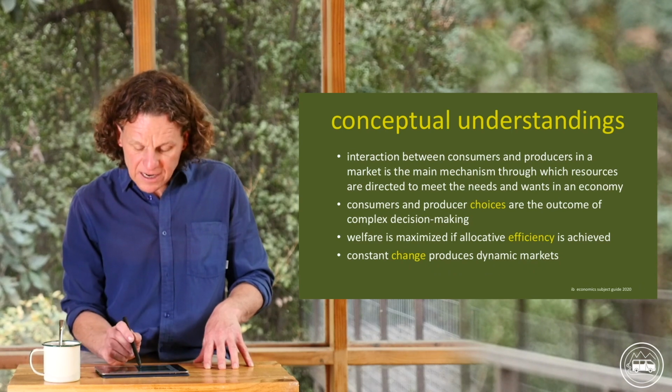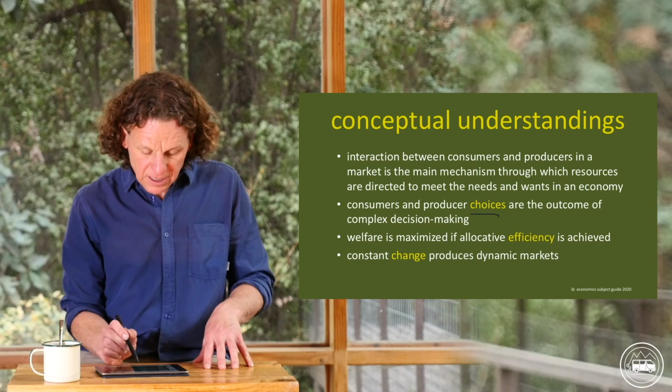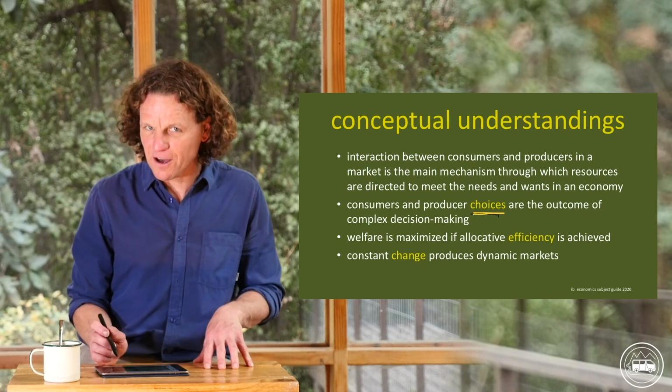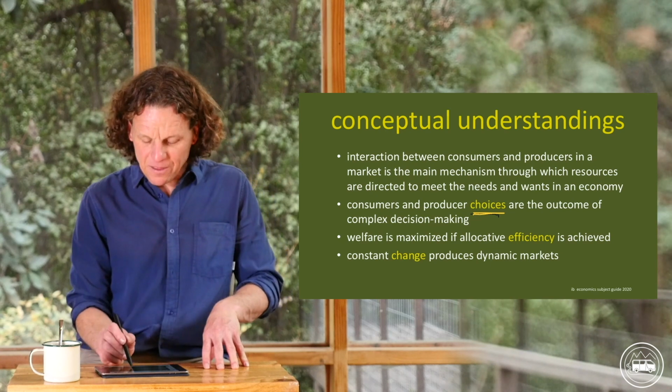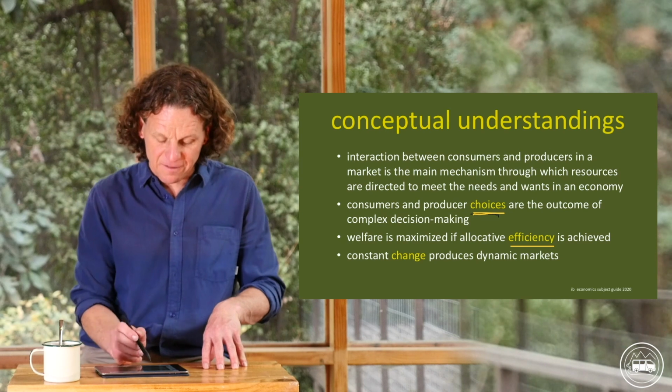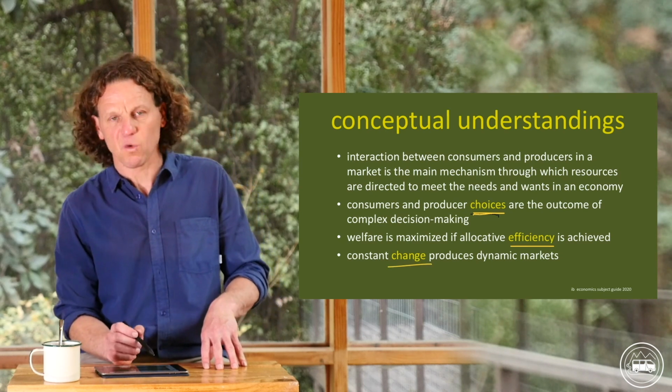So you see that there is choice, one of the 9 central themes of our studies of economics. There is efficiency, one of the 9 central themes of our studies of economics, and change is there as well, okay?